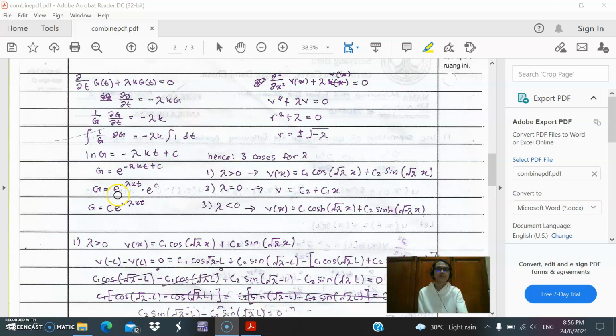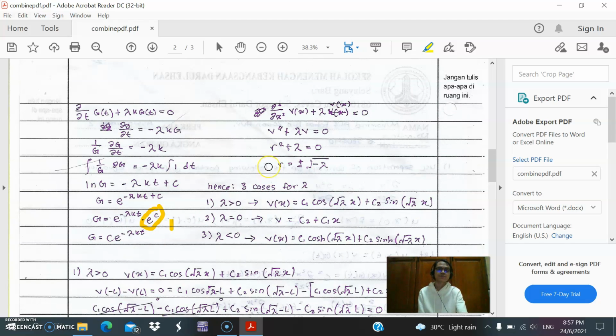G equals to e^(-λkt) multiply with e^c. So, e^c ni equals to C. So, kita akan dapat G equals to C e^(-λkt). So, ini untuk G(t). So, kita dah dapat G(t) kita.